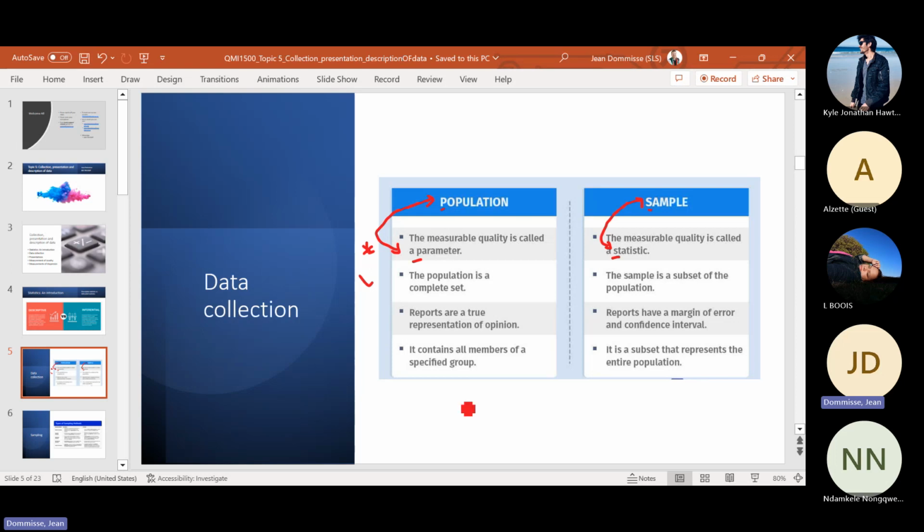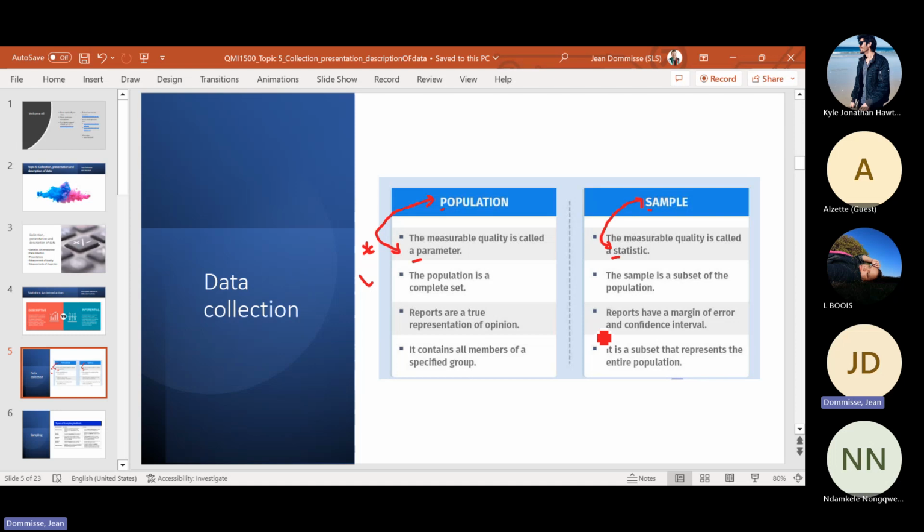So when we look at population, because it's so big, it really is a representation of opinion, whereas with samples, we would normally work within a confidence level or a margin of error.